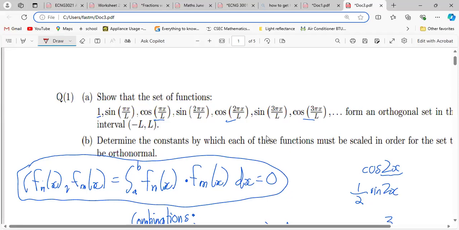You still end up with 0. Same idea. I don't think she asked you for the constant. For that one it could be a minus and a plus. Remember, it's plus or minus, if you read the question. So you have to do a minus and a minus, and a plus and a plus, and show all of them equal 0. Then you can state it is orthogonal. The set is orthogonal because any two functions you multiply, you get 0.